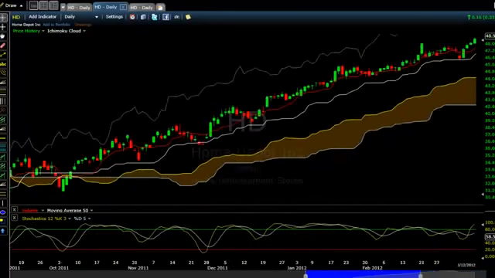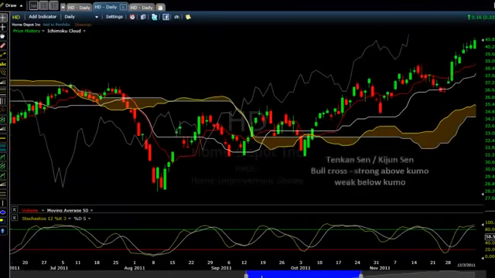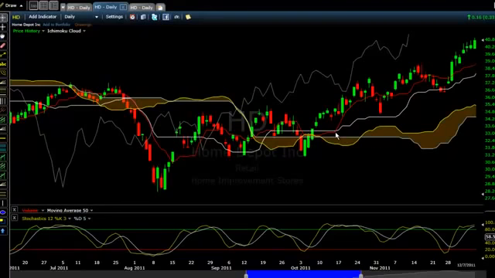If we come back in price here, you can see where we had our first TK cross right here back in October of 2011. The significance of the system is that it's a trend following system, and as such it'll keep you in a trade much longer, because although this is a buy signal here, this TK cross, we also have a Kumo breakout where price moves above Kumo and closes.